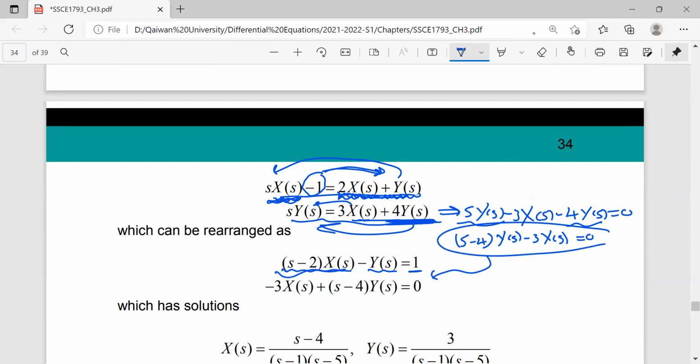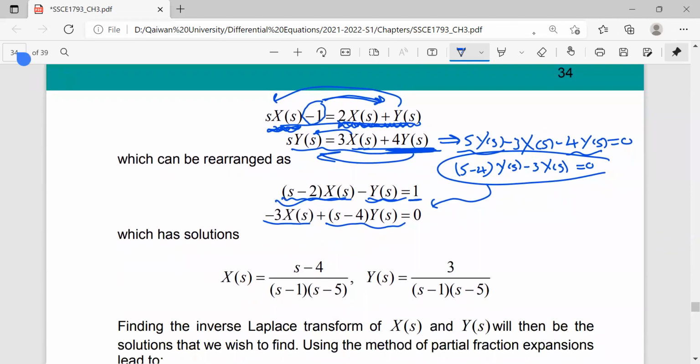We now rearrange these two. We write down x of s beneath each other and y of s beneath each other. Then here we have two equations. In these two equations, we must find x of s and y of s. We can use Cramer's rule for finding it.